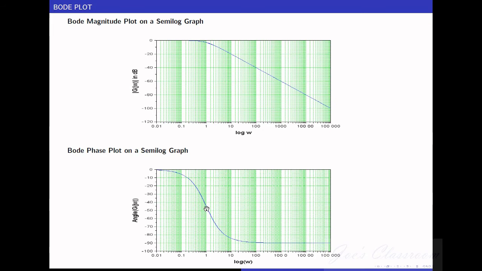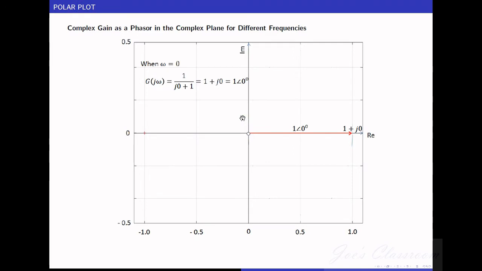So that means the system introduces a phase lag of minus 45 degree. And as the frequency increases further, the phase shift introduced increases, and at last, as the frequency increases to a very high value, the phase shift introduced becomes almost 90 degree. So this is what we read from this Bode plot.